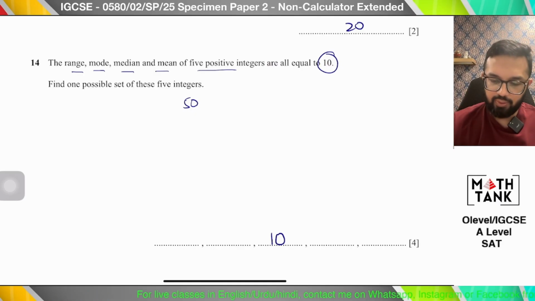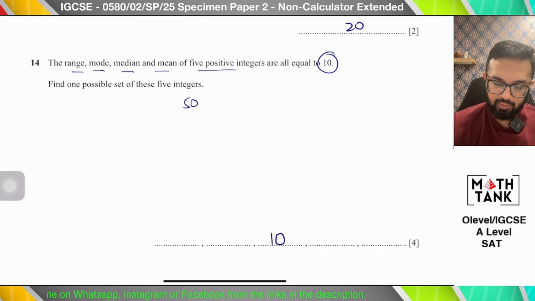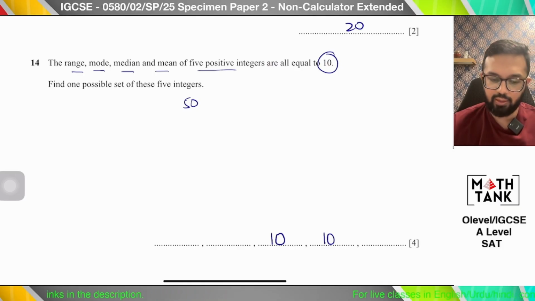Now I know that if I want this to be the mode as well, I need at least 2 10s. Okay, so they both must appear in this. Since I'm doing this in ascending order, I've calculated the median. Okay, so in order to keep the mean as 10, I need to keep the sum as 50.